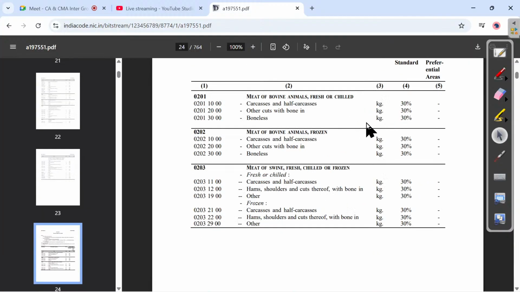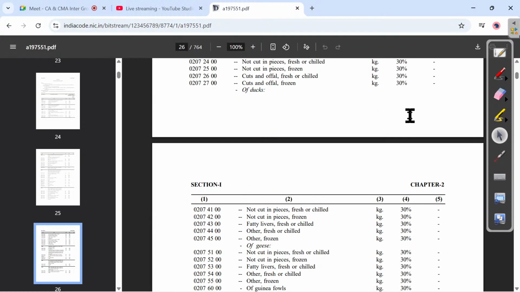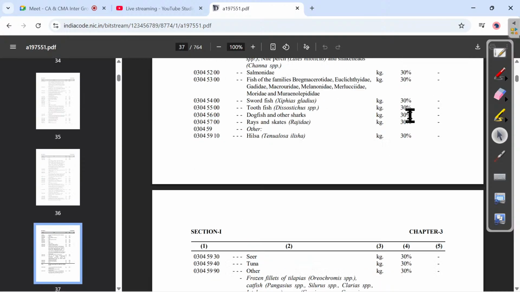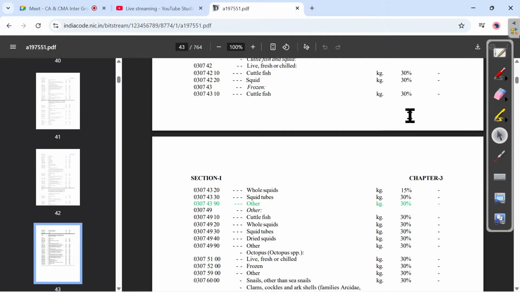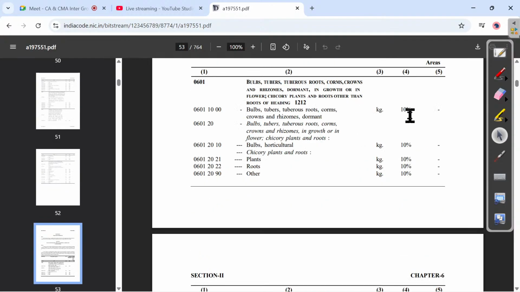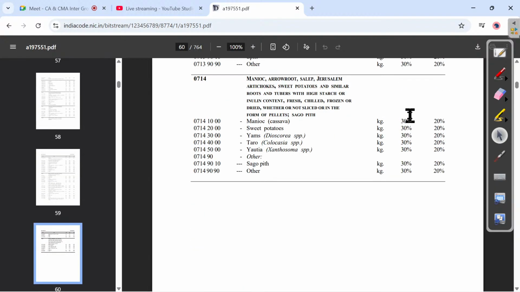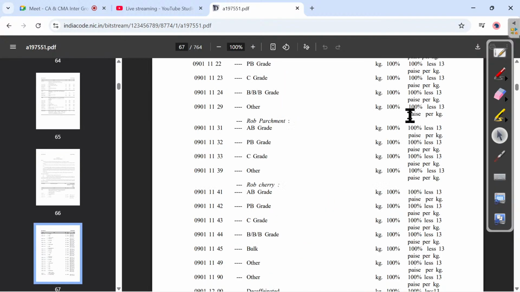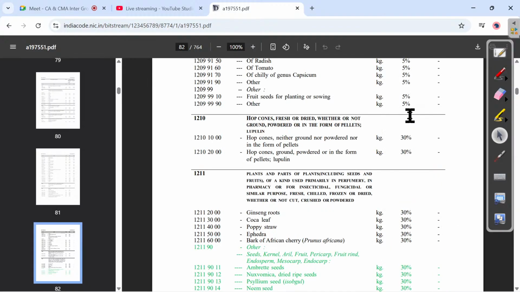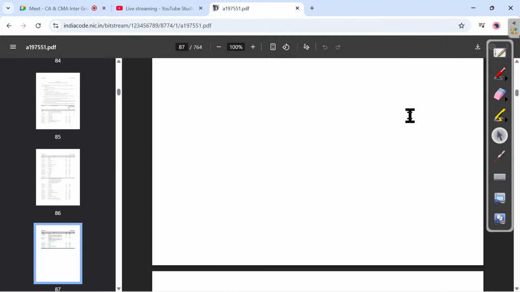Here you see, in case of kg, boneless meat of animals and other things, section 2, 02013000, boneless, kg based, 30%. Understand? Sometimes rather than kg, it may be liter. So in the majority of cases it is kg only.